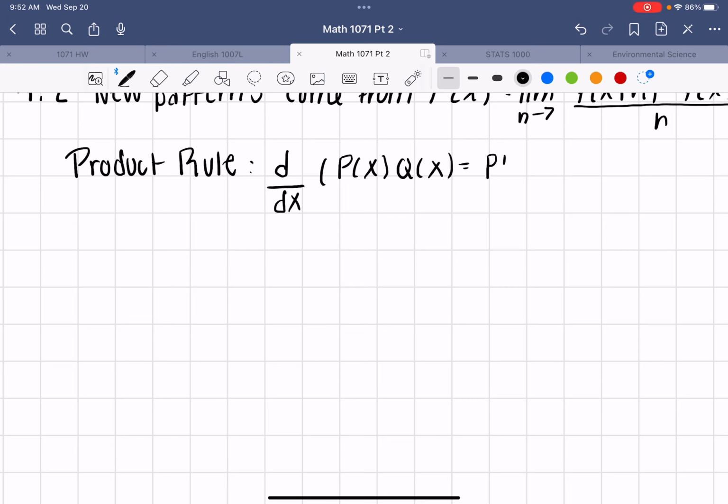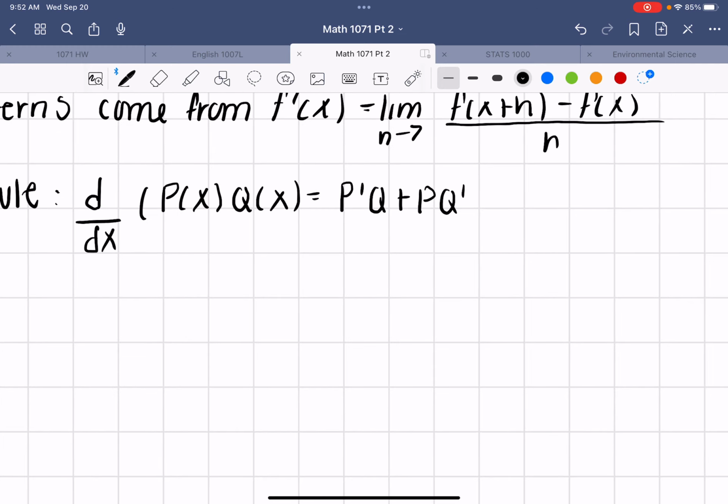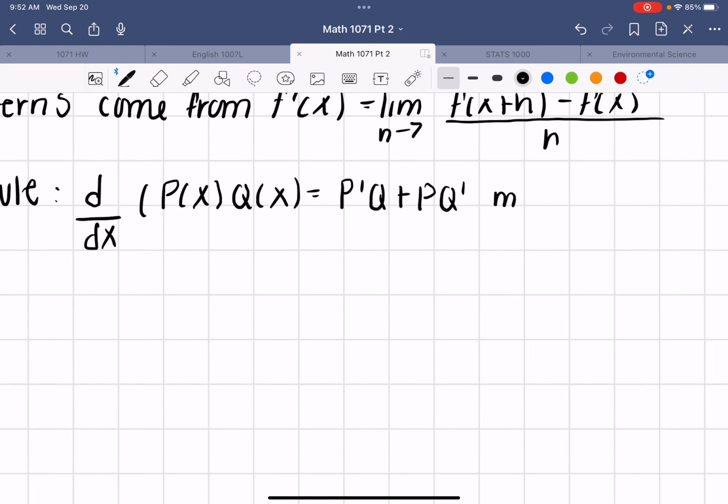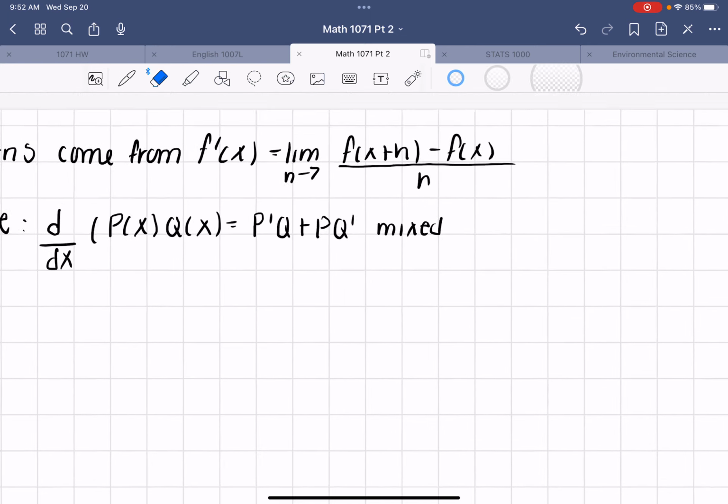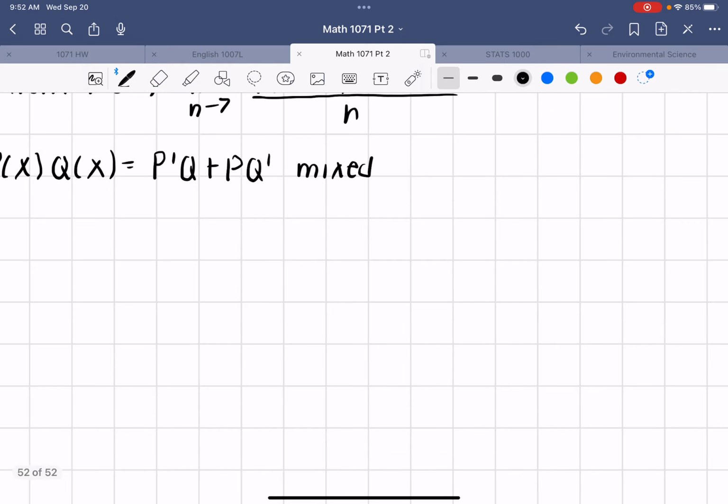Let's take x squared plus x plus 1 times 7x minus 5. Okay, now sure, you could multiply that out the long way. But it's easier if you just do the mixed product. In other words, you want the derivative of the first times the second untouched plus the first untouched times the derivative of the second.